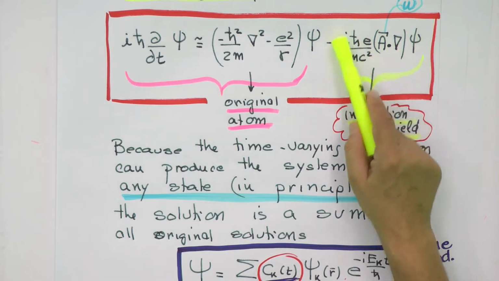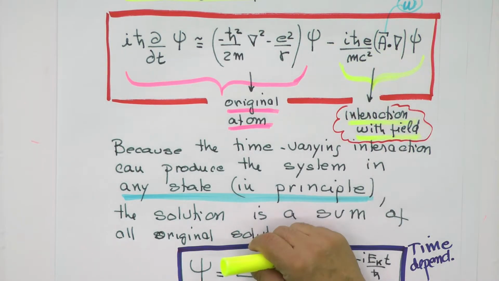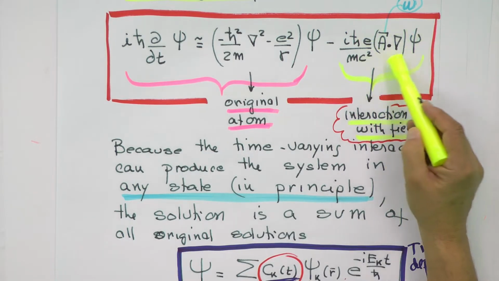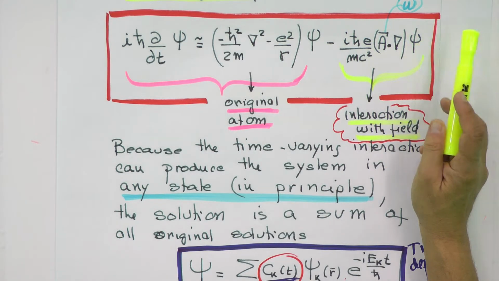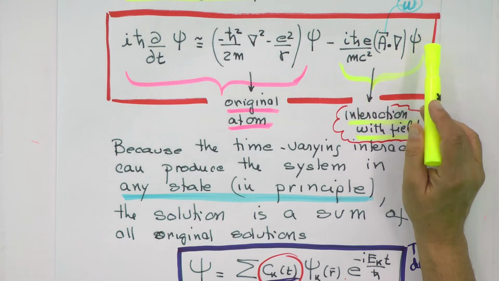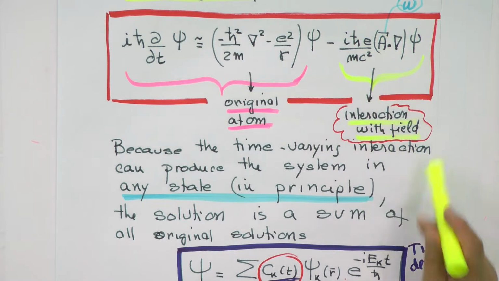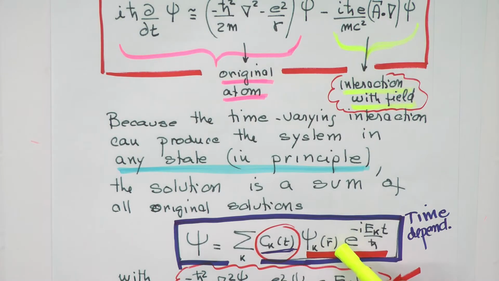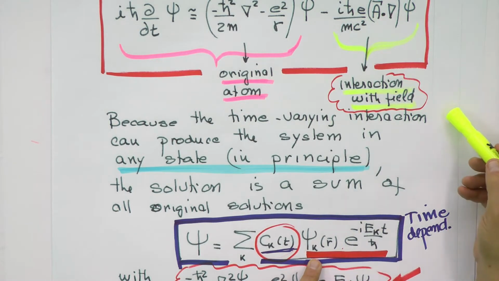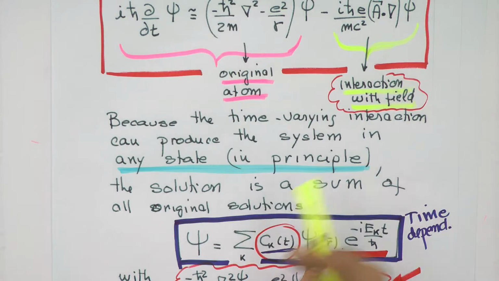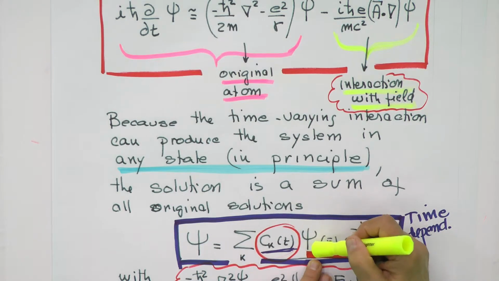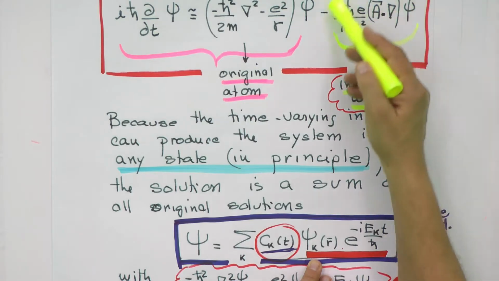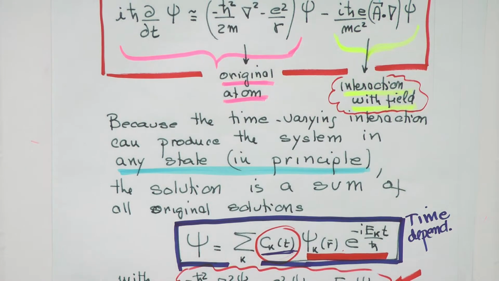And that term is the one that's a little different, because we have a mathematical operation on the function. That operation can make a mixture of those states. It can take one function that looks like psi k and make it look more like a psi k prime. So one psi k can become more like a psi k prime, and that's the transition that we're going to observe.